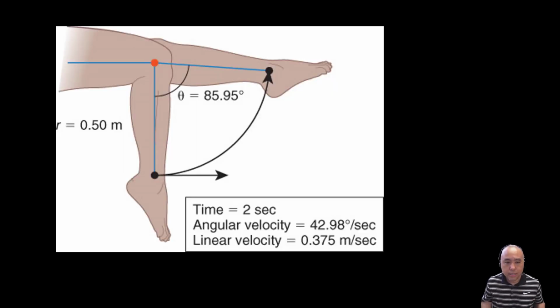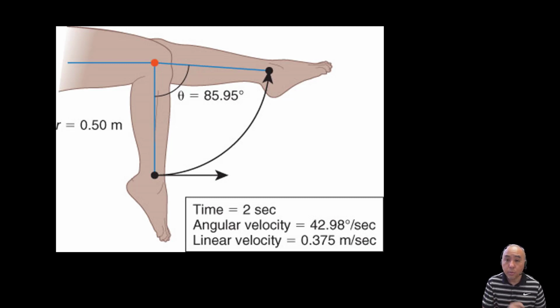So let's take knee. So this is knee extension. The person started roughly at 90 degrees or with the knee flexed and decided to do an open chain extension. And this is the change in angular position, roughly 86 degrees, right? 86 degrees of knee extension. This person did it in 2 seconds, so the angular velocity is 43 degrees per second in knee extension.